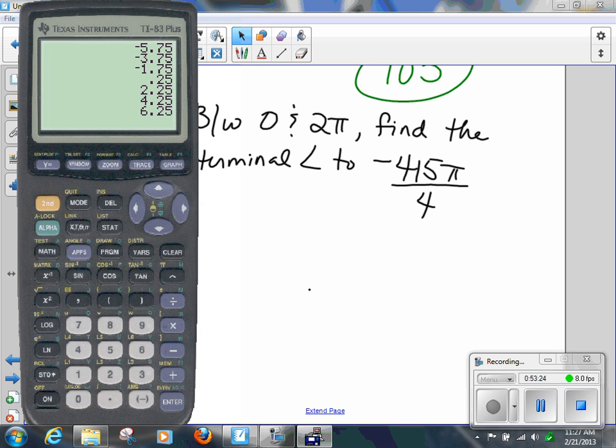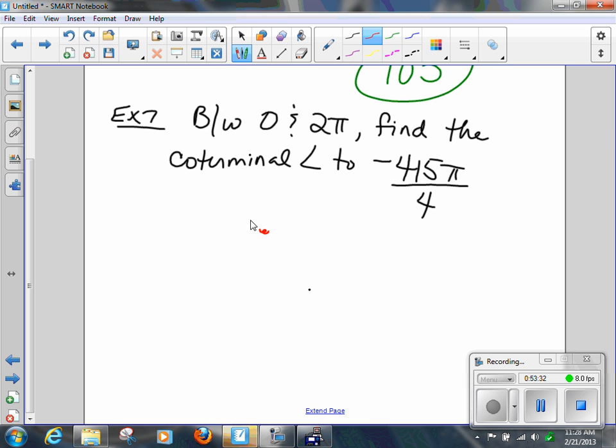Is 0.25 between 0 and 2? Yes. All right, now, if you have a brain fart and you don't know what that is, you are not going to leave 0.25 pi as your answer. Not happening.